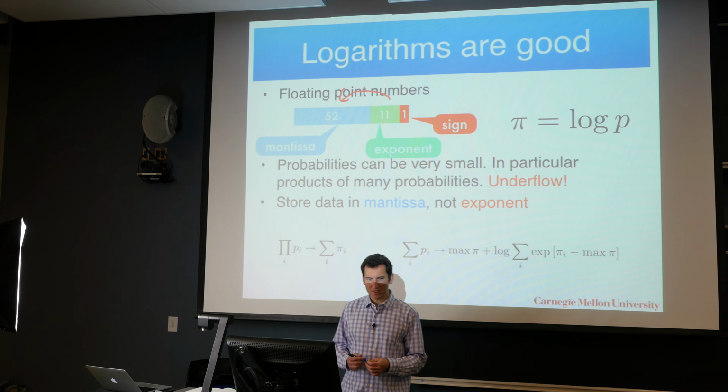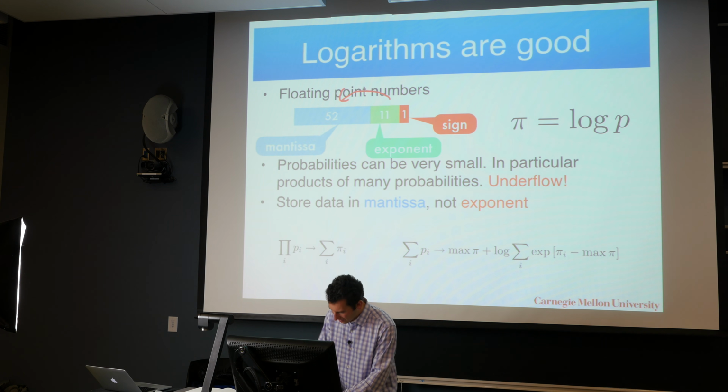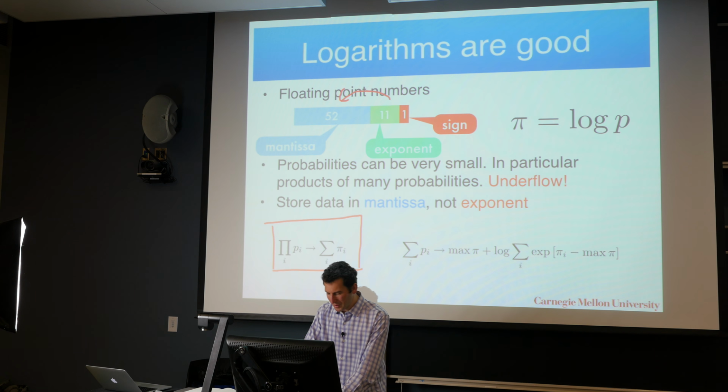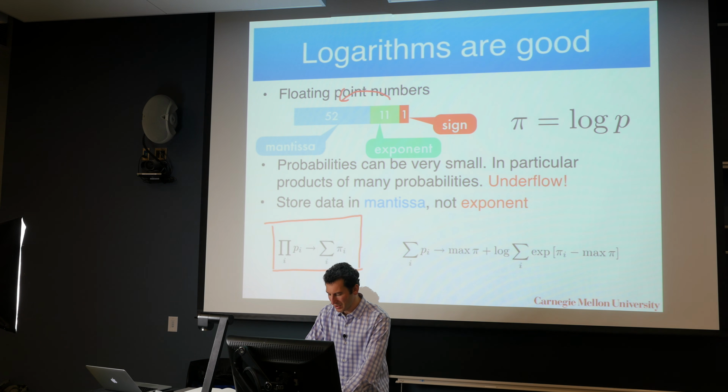Now if I have products of probabilities, this is super easy, right? What I'm doing here is I'm setting p_i equals log p, and then of course the product just becomes the sum. Everybody knows that. Now things get a little bit more interesting if I have sums of probabilities. Sums are really awkward because now I cannot just go and sum those terms together. After all, I used that already for the products.